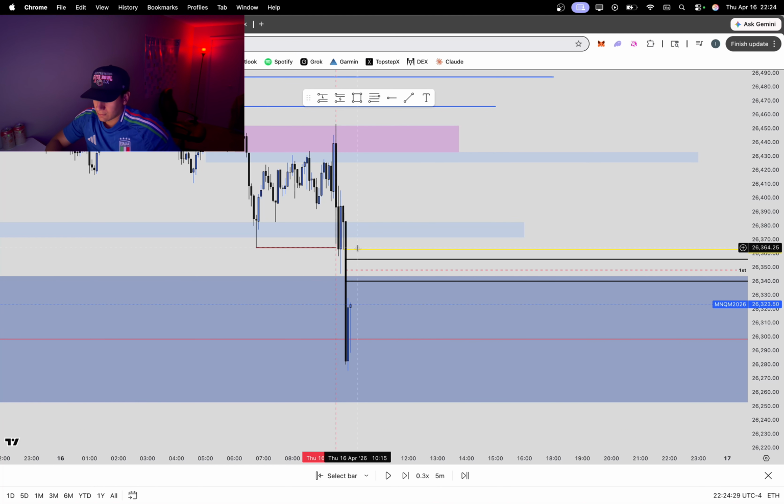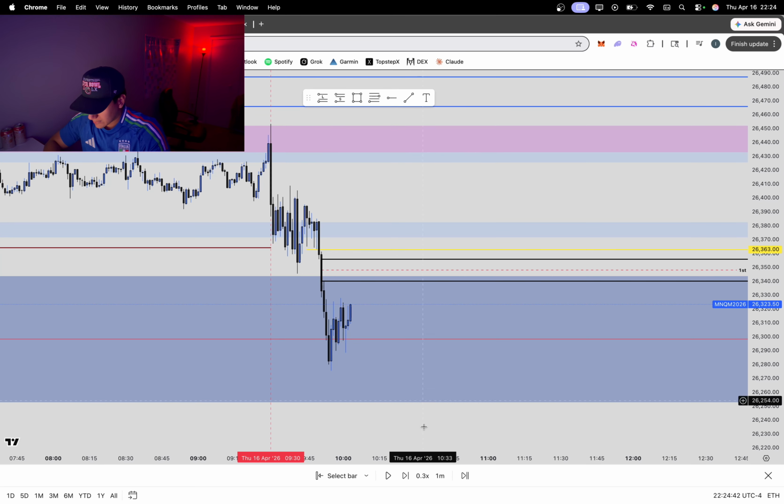So right here, if we close above this yellow line, it means that obviously we close above the 5-minute fair value gap. And that's what we're looking for to take longs. So let's shoot back down to the 1 minute. Boom, boom, boom.